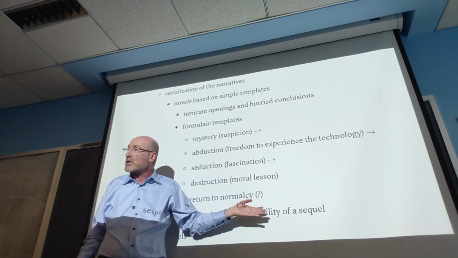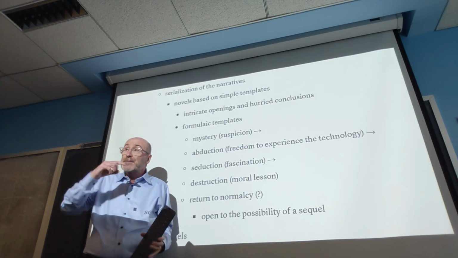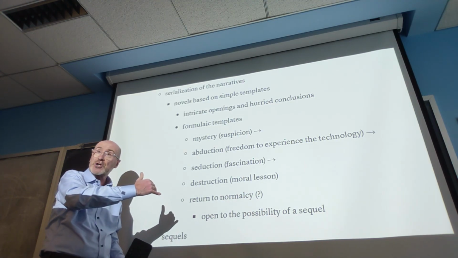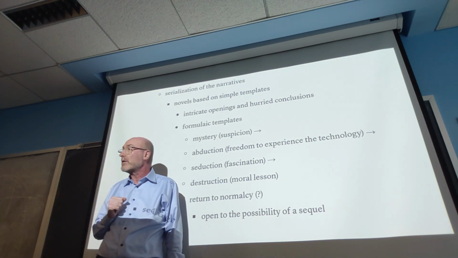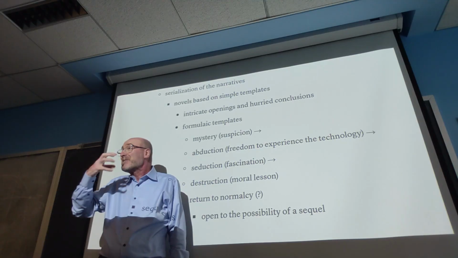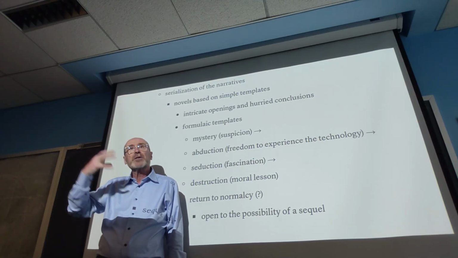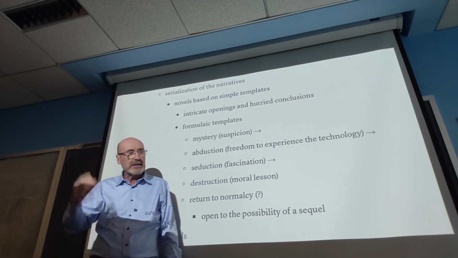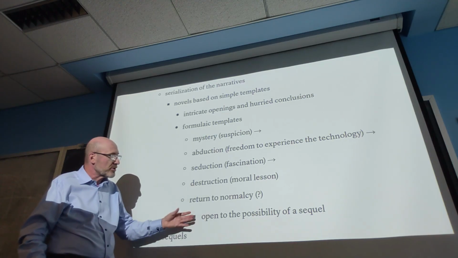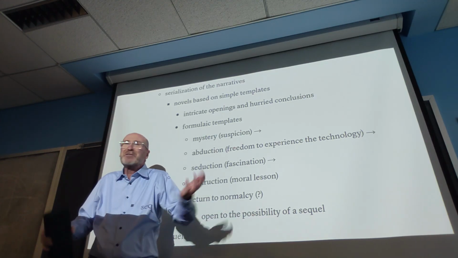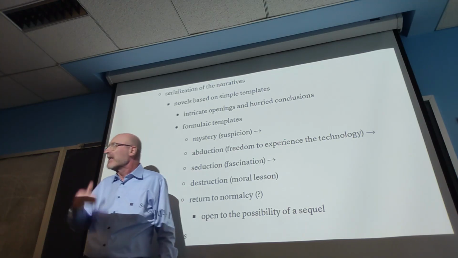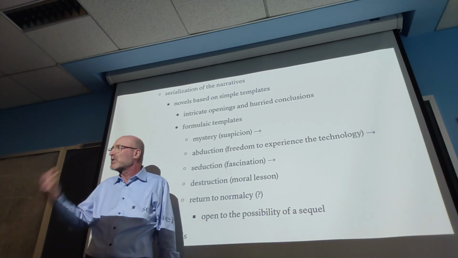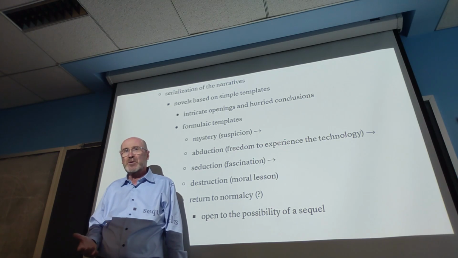But there is always a question mark, meaning after this kind of adventure, is it possible to believe in regular and normal life? And usually the novels end with an ambiguous ending, meaning that there is always the possibility of a sequel, because of course it's a commercial kind of writing. So the writer wants to see if the novel sells, they'll want to continue with sequels.